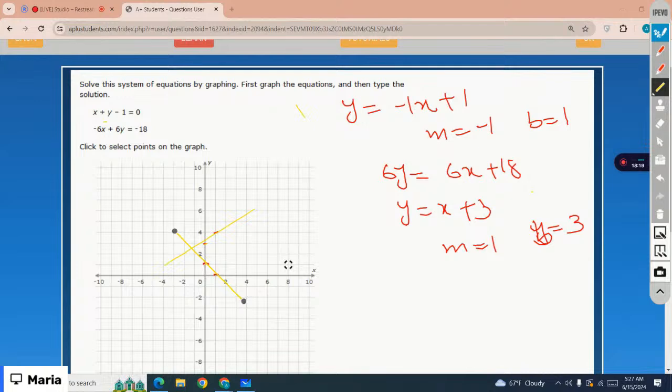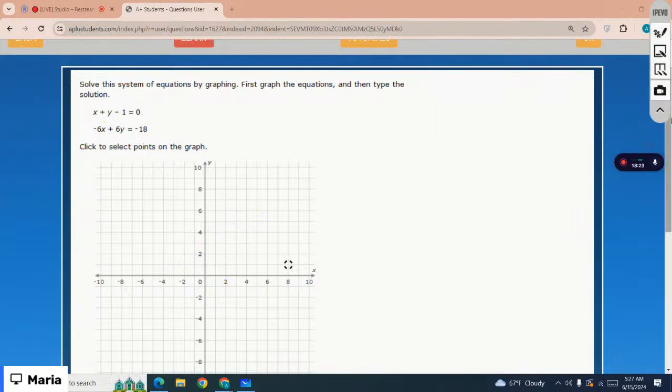Why is it positive 2, 2? How? Hold on, let me see the solution.